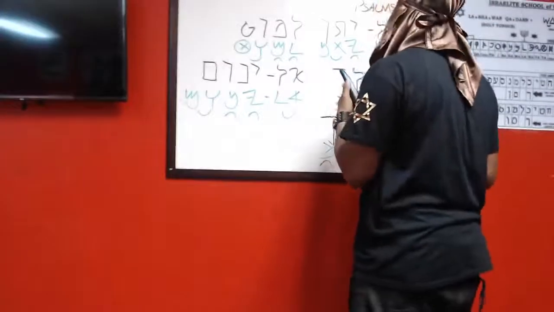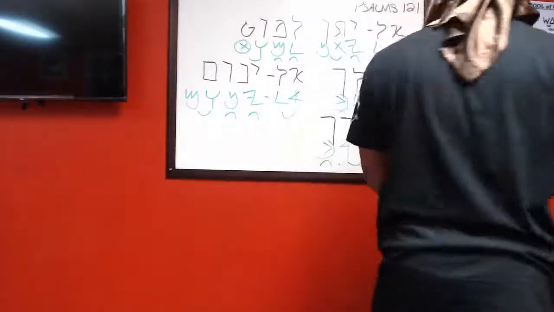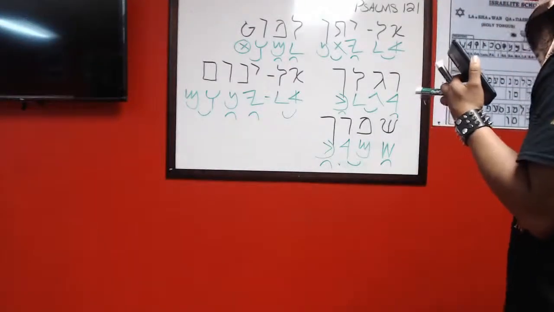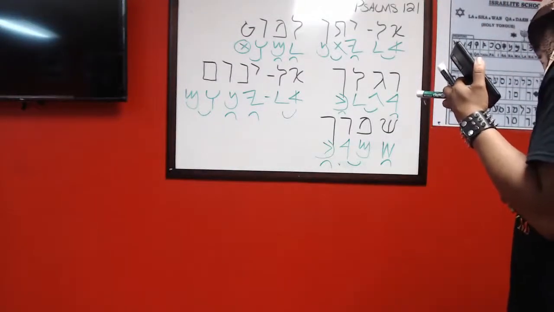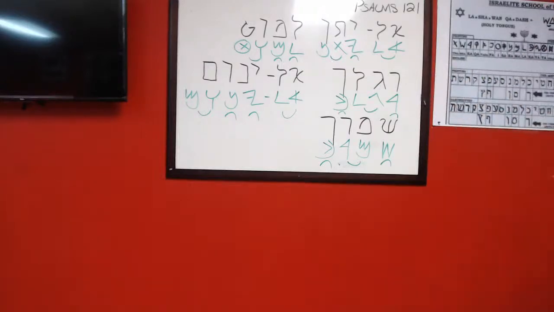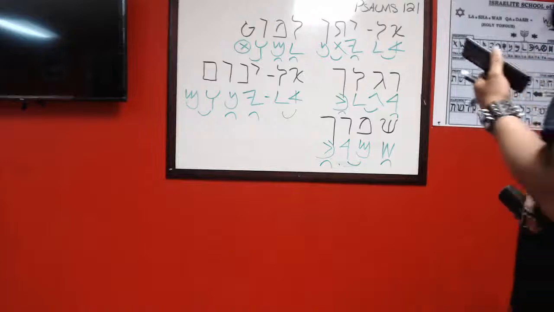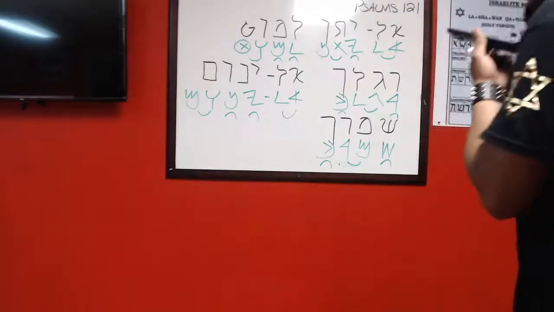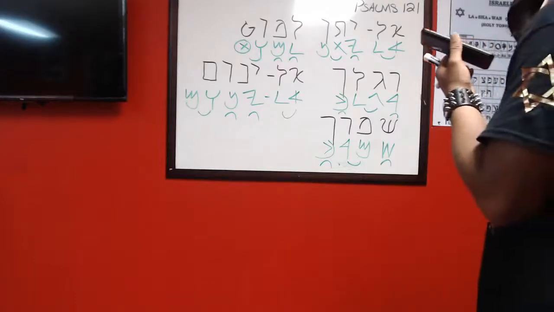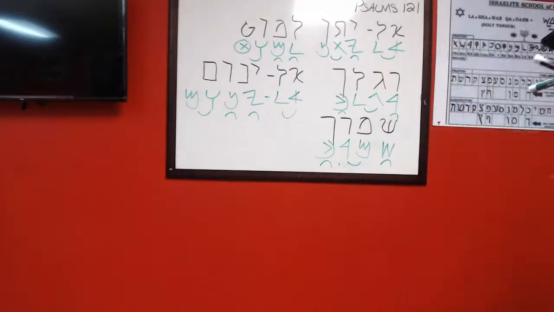Psalms 121. And if I could ask, how is this helping you? You mean as far as writing out the Assyrian above the paleo? Yeah, absolutely, yes. That helps out a lot, being able to see the connectors and how the connectors work, especially when you don't have the connectors in the Assyrian.